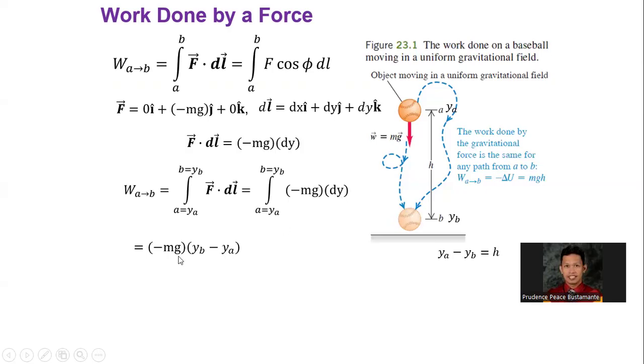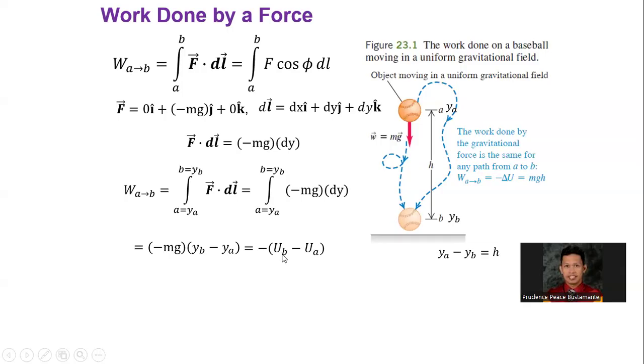The integral of dy is just equal to y. We factor out this constant, and the integral of dy is just y. We have this boundary, so yb minus ya.